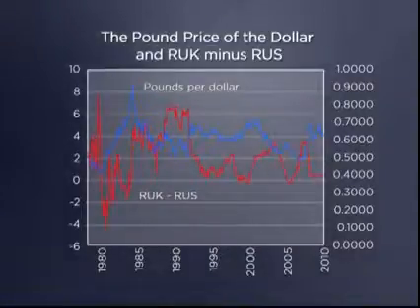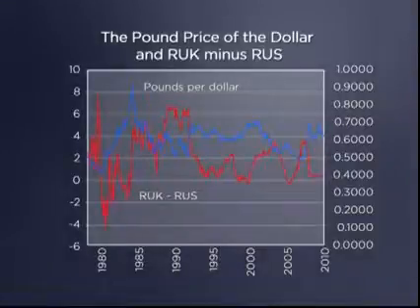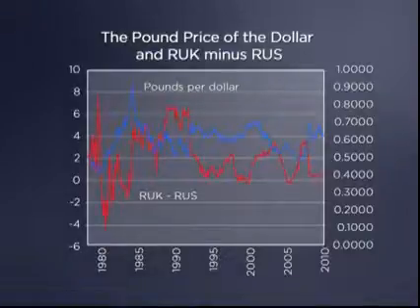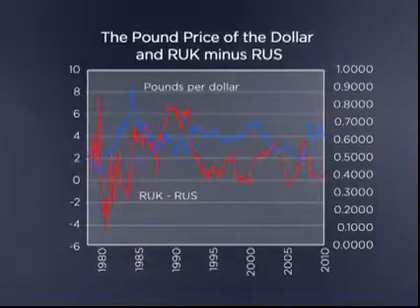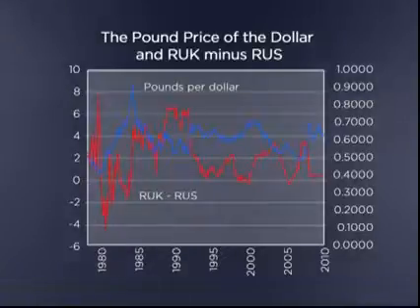But when US rates increase relative to UK rates, the dollar tends to appreciate, higher number of pounds per dollar. And this is precisely what the theory predicts. The lines don't match perfectly. The correlations are not perfect. But we do see that interest rates and exchange rates move together as predicted by interest parity.